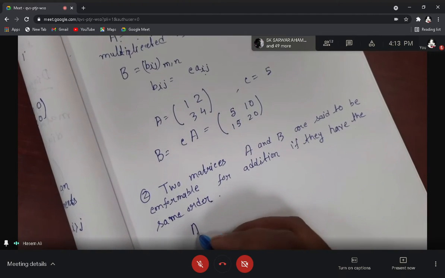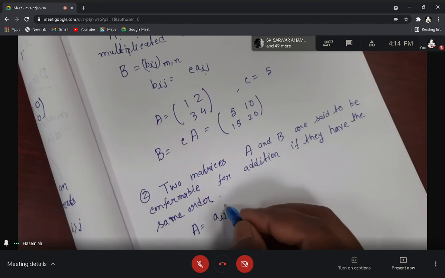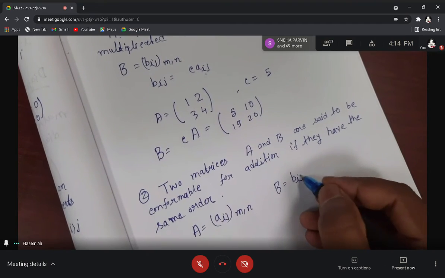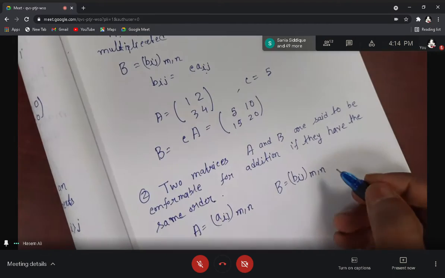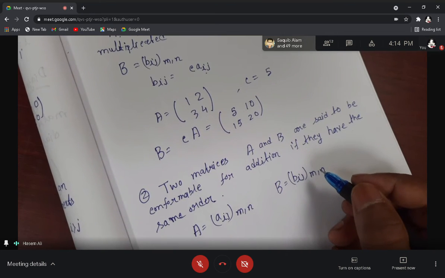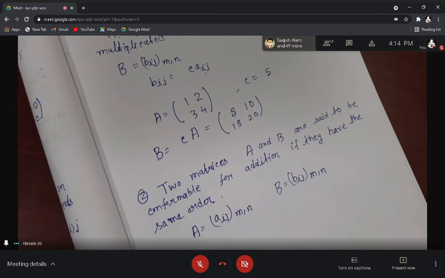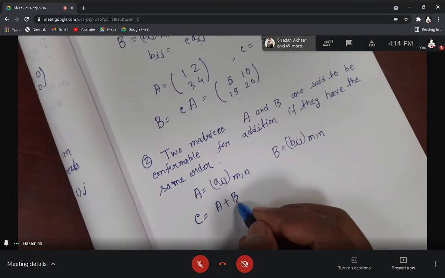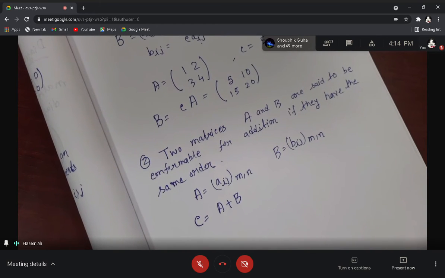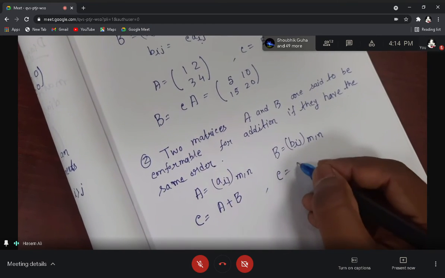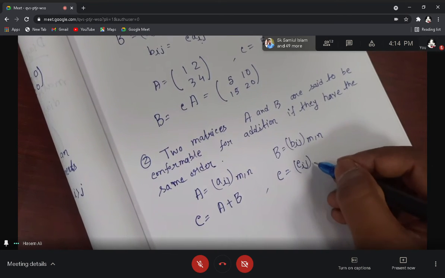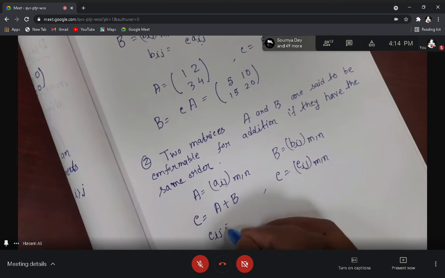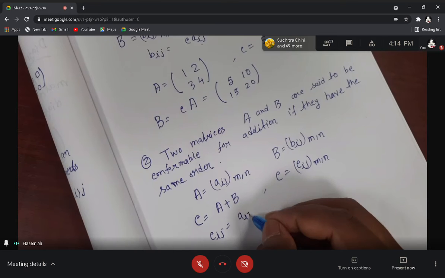That means if A equals to Aij of order m by n and also B equals to Bij of order m by n, then we can add these two matrices and let C equals to A plus B, where C equals to Cij of m by n, then Cij equals to Aij plus Bij.